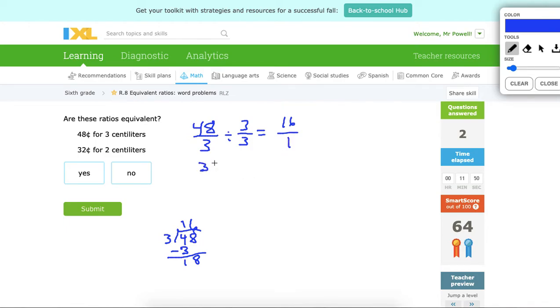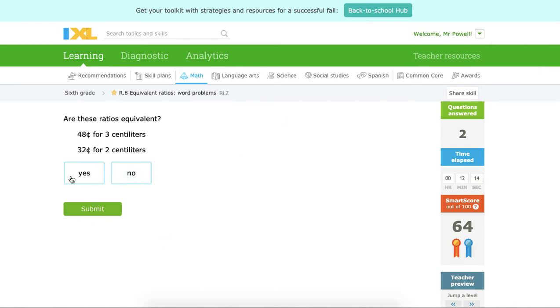And we have 32 over 2. Divide both of those by 2. Half of 32 is 16, and half of 2 is 1. So that ends up being 16 over 1 also. So those are equivalent also, because they end up being the same thing.